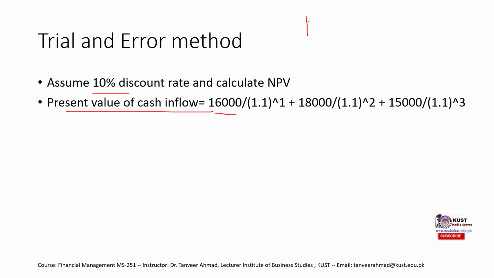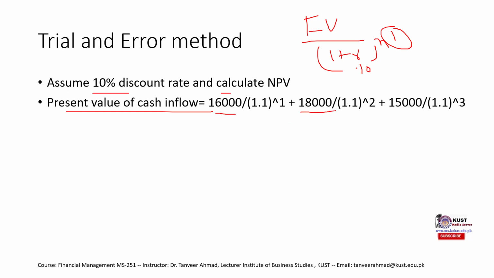To find the present value, the formula is future value divided by 1 plus R raised to power n. For the first cash flow, the cash flow is 16,000, divided by 1 plus the discount rate of 10%, so 1.10 raised to power 1. Why? Because the first cash flow is received at the end of year 1. So we need to discount it for 1 year, for one time period.